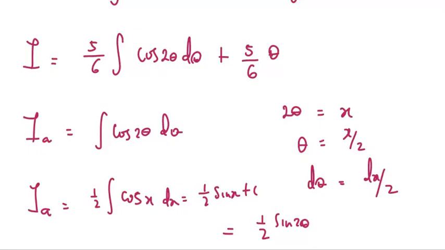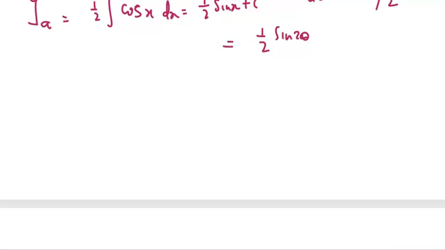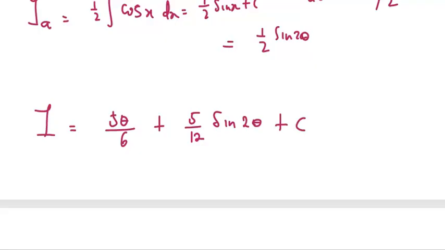So don't forget that. So from here, this is giving us 5 over 6 times 1 over 2, giving us 5 over 12 sine of 2 theta, and then plus theta or 5 theta divided by 6 and plus c. Okay, that's cool. So let's write down what we have. So I is equal to 5 theta by 6, then plus 5 over 12 sine of 2 theta, and then plus c.